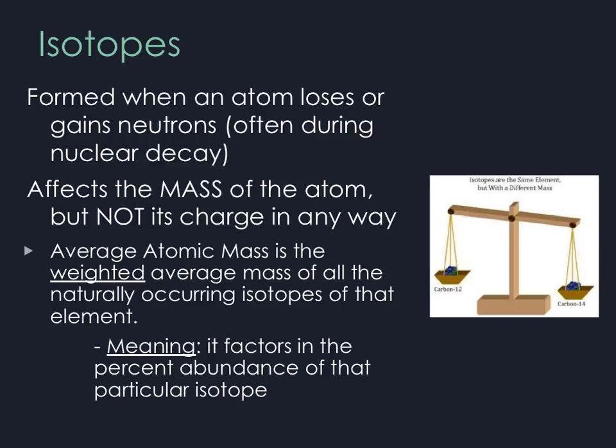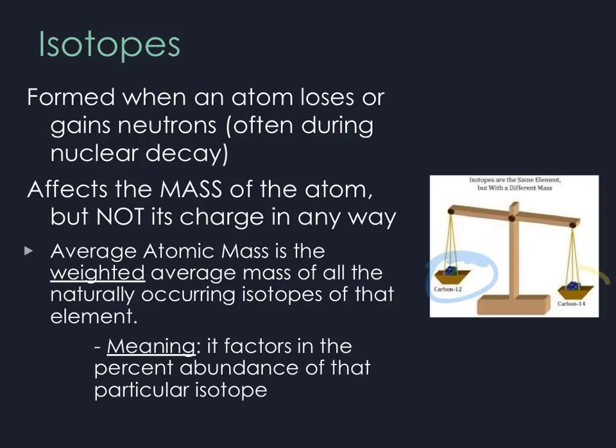If you look at the picture on the right, we've got a carbon-12 atom on the left side of this picture. All carbon atoms have 6 protons, and in that case it also has 6 neutrons, with the 12 representing protons plus neutrons. Remember, that is the mass number.